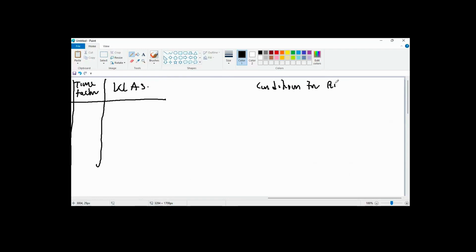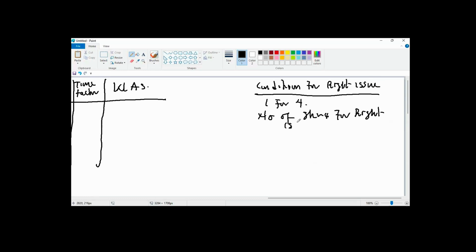For the right issue, one for 4, the number of shares is 1/4 times 12 million, which gives me 3 million.